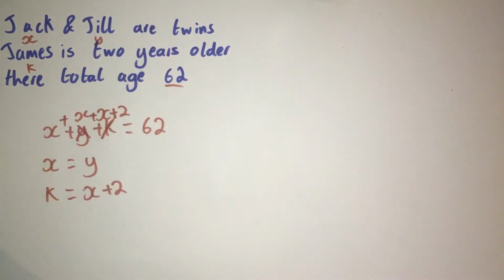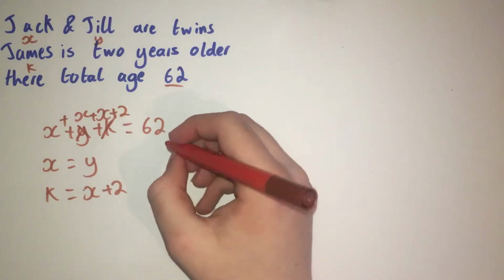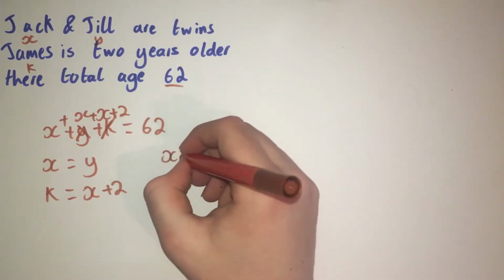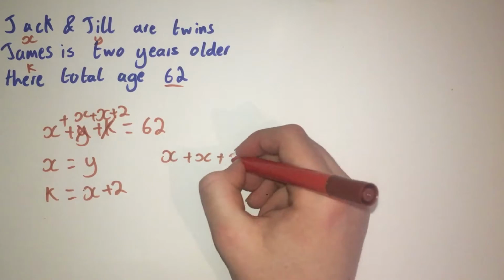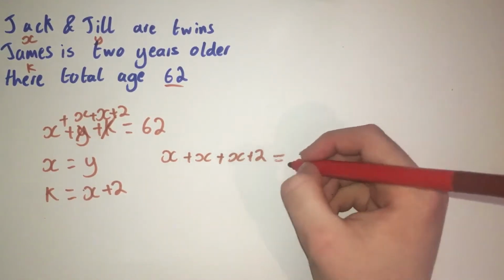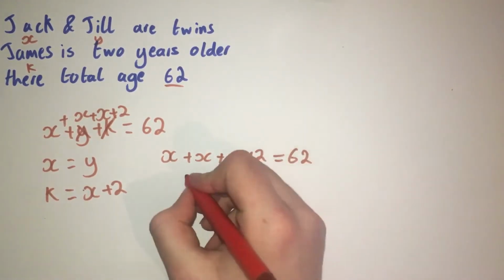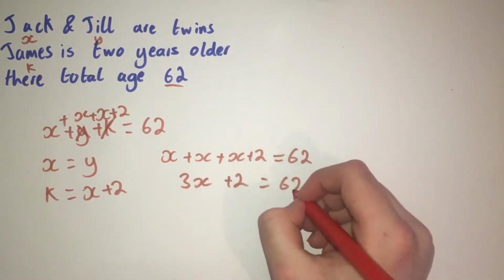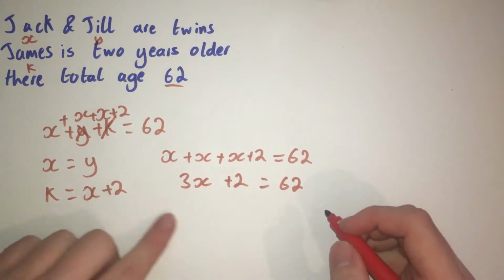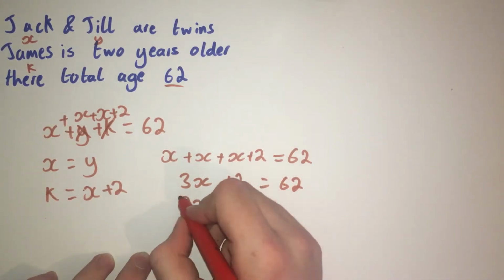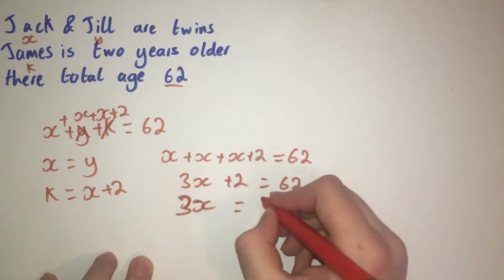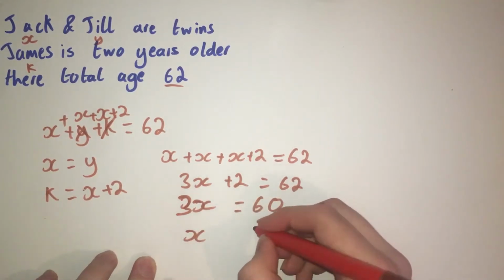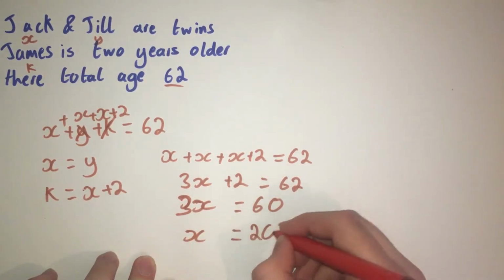Now we only have one unknown, so we can solve this equation. X plus X plus X plus 2 is equal to 62. Simplifying, 3x plus 2 is 62. Then to get x on its own, 3x is equal to 60, so x is 20.